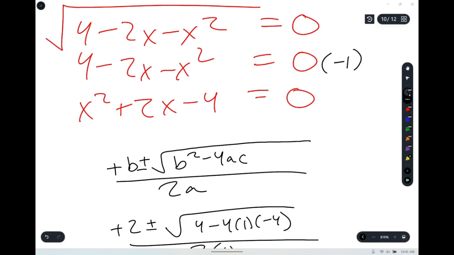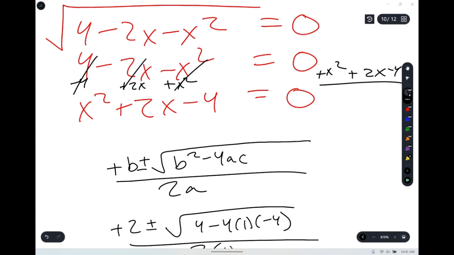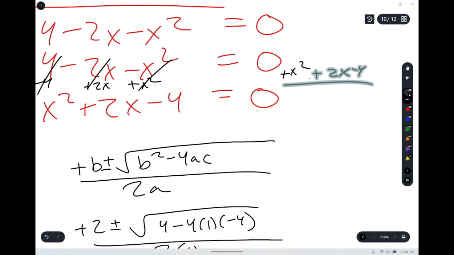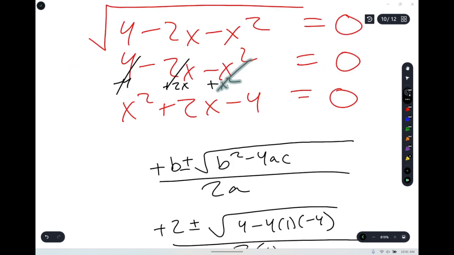Because then you multiply this side by -1 and it stays 0, right? Or you could go plus x squared, plus x squared, plus 2x, plus 2x, minus 4, minus 4. These all cancel. So you're still left with a 0 and our new formula. Either way works. I don't think one's better or worse than the other. Actually, I do. You were right. -1 is better.